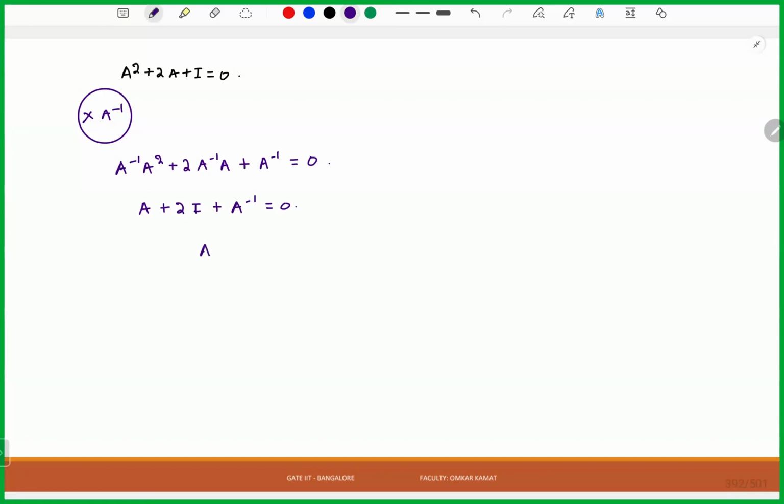So from here, A inverse will be equal to what? This will come to this side. It will be minus A plus 2I. Correct?